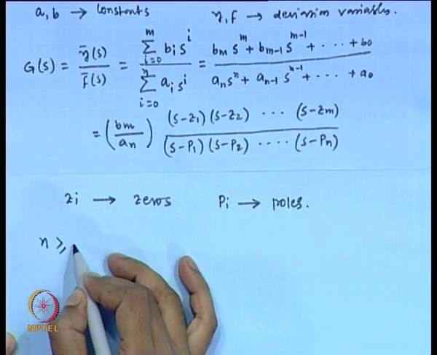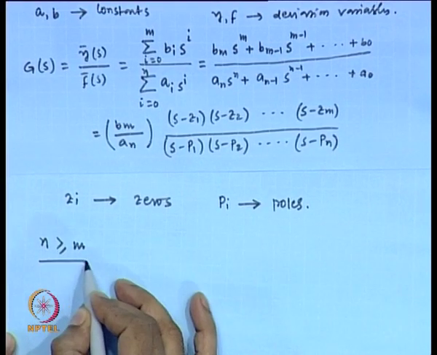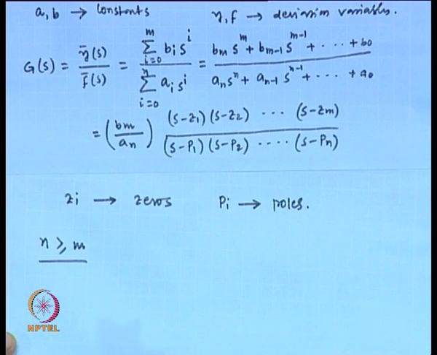I mean, n will be greater than m, or equal to m, or less than m. For all physically meaningful systems, n should be greater than or equal to m.